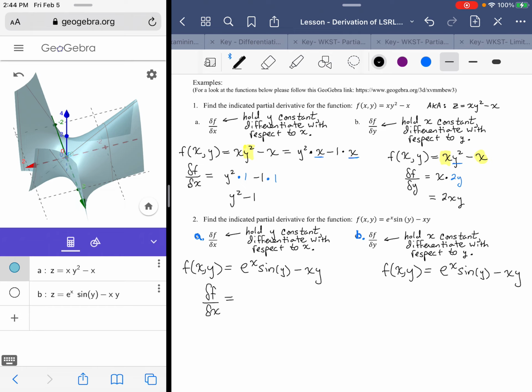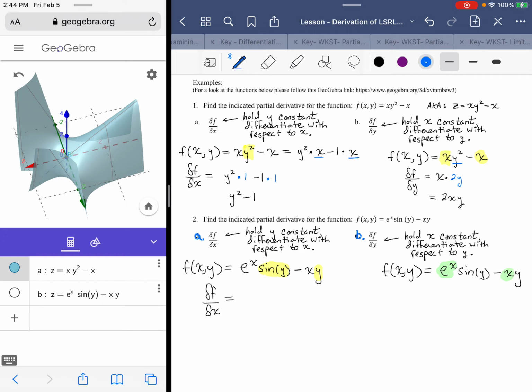Any instance of y is treated as constant. Whereas in part B, we're differentiating with respect to y, which means every instance of an x is treated as constant.